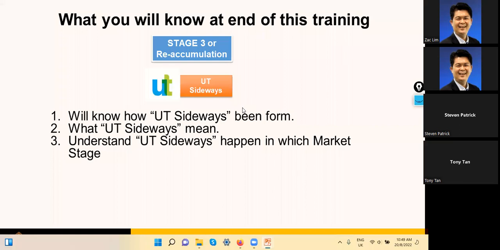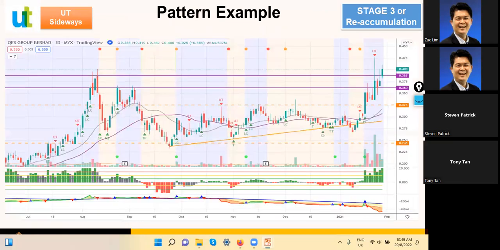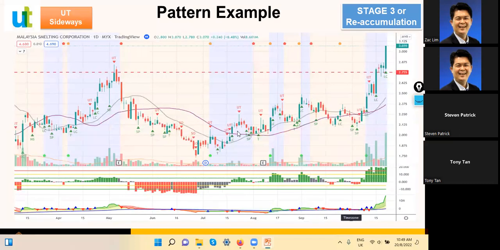So this is the UT sideways, okay. You just go through. This is the upthrust, okay. If the upthrust did not fall through, that means, as you can see just now here, if you have a SP that always gives you a higher low, okay.